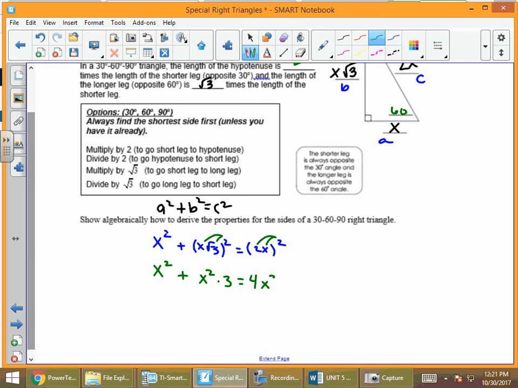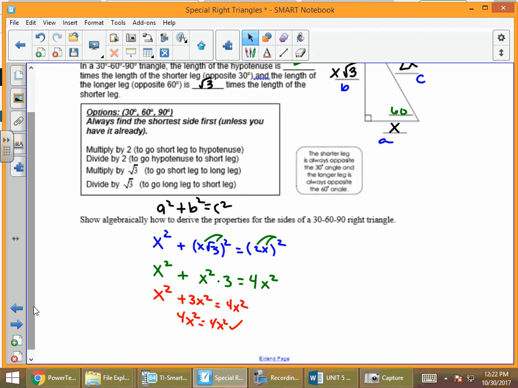When we square the x, we get x squared. Clean it up. X squared plus 3x squared is equal to 4x squared. And what's x squared plus 3x squared? It's 4x squared. So it works. It's going to work every single time, no matter what.